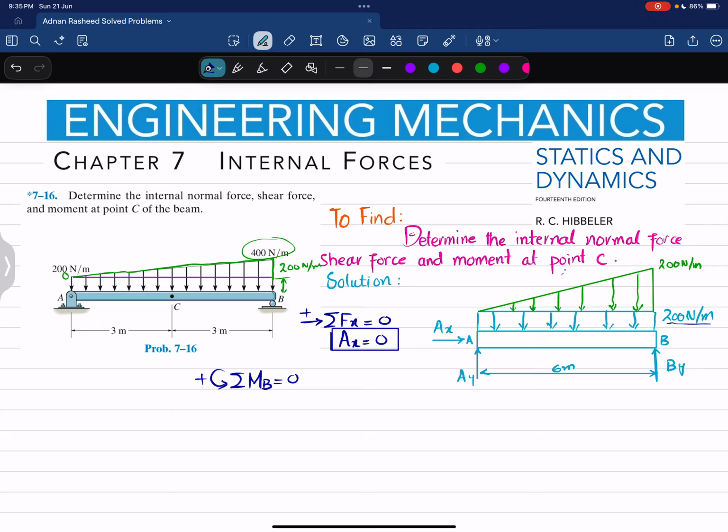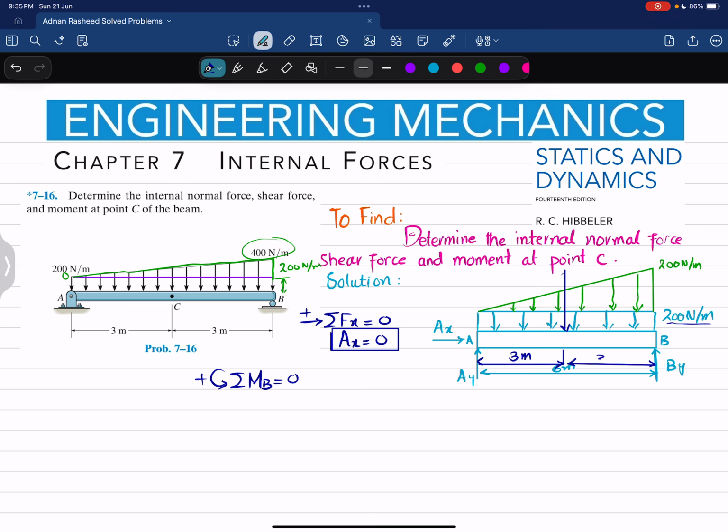When you convert it into a point load, it will act at the middle of this beam. So this distance will be 3 meter, because a uniformly distributed load acts at the mid of the beam from either side. So this is 3 meter and this is also 3 meter.